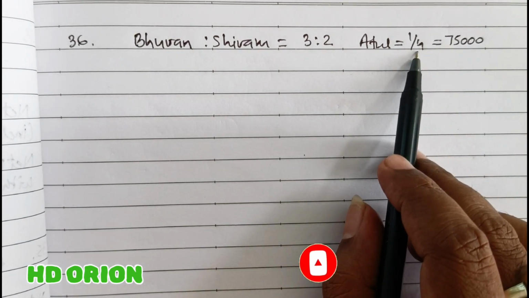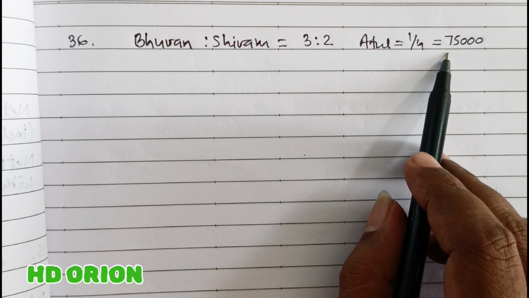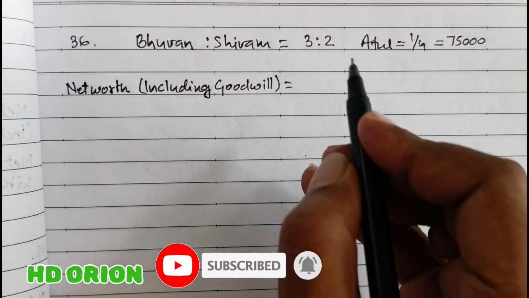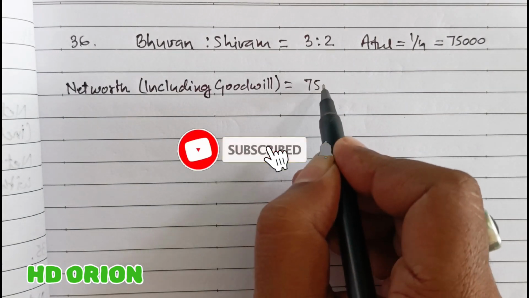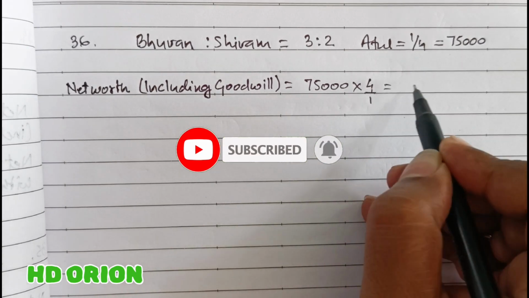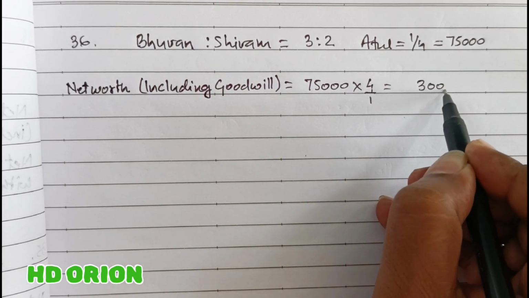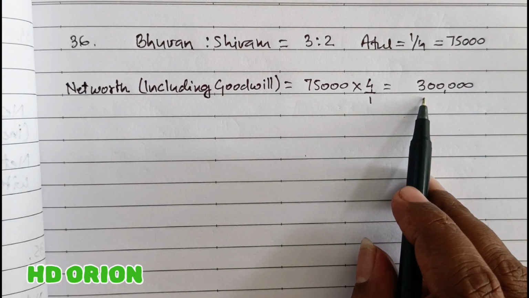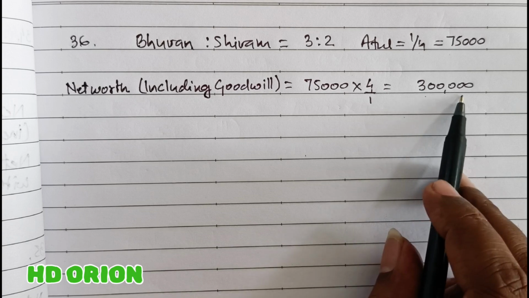Now, when 1/4 of the total capital is 75,000, what should be the total capital of the firm? That is net worth including goodwill. And it is equal to 75,000 multiplied by the reciprocal of his portion of profit, and it is 3 lakh rupees. So the firm is enjoying the benefit of capital investment of rupees 3 lakh.